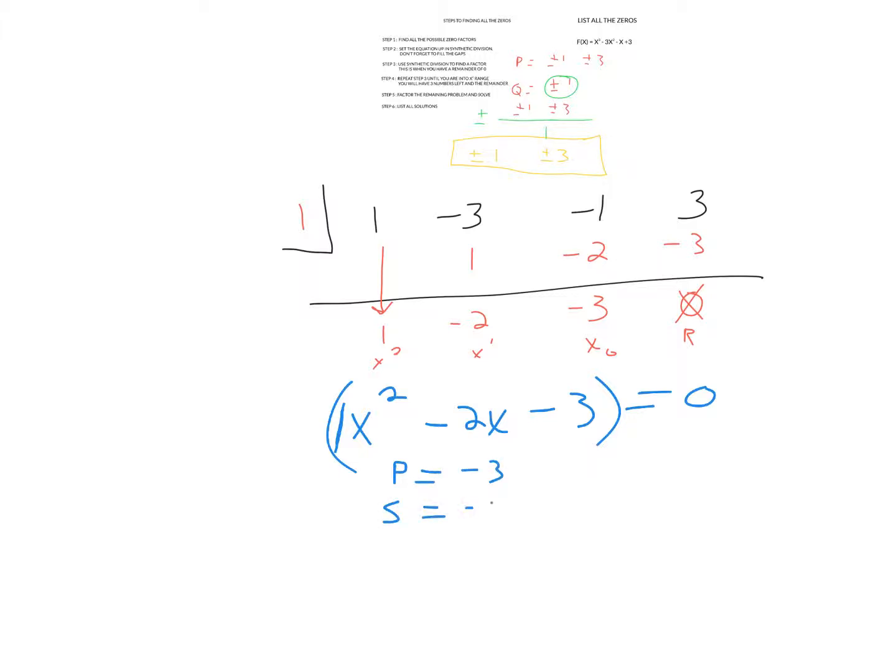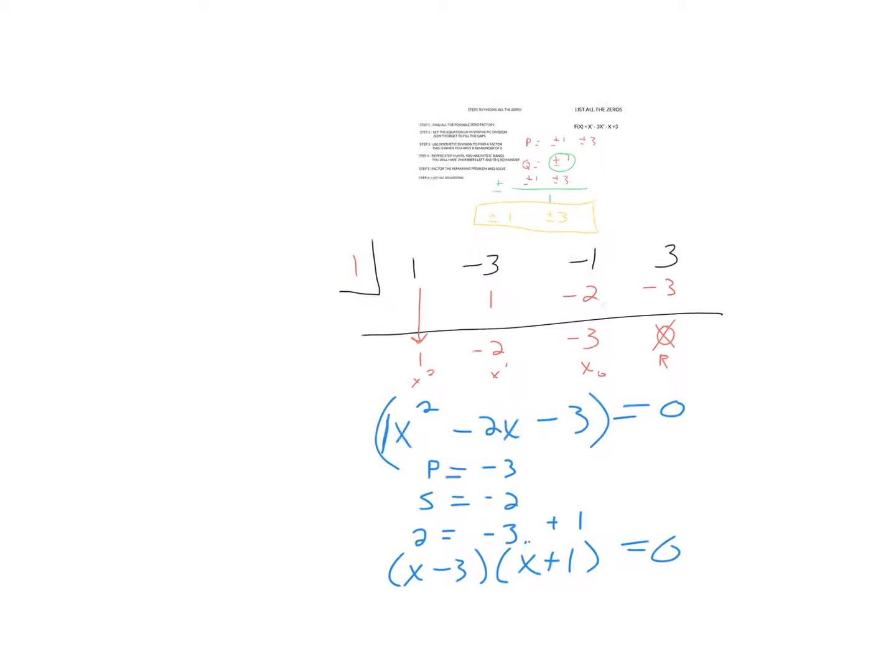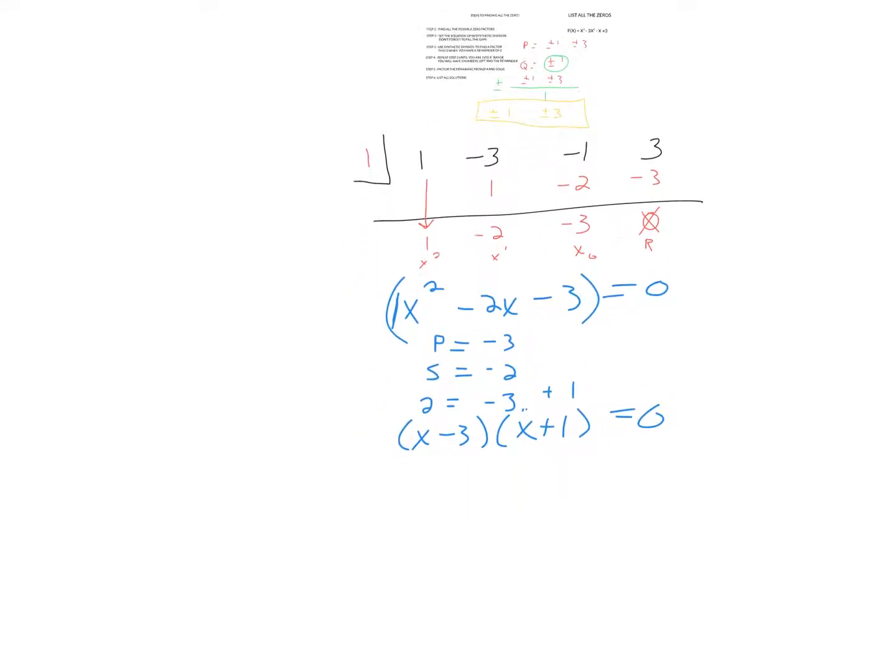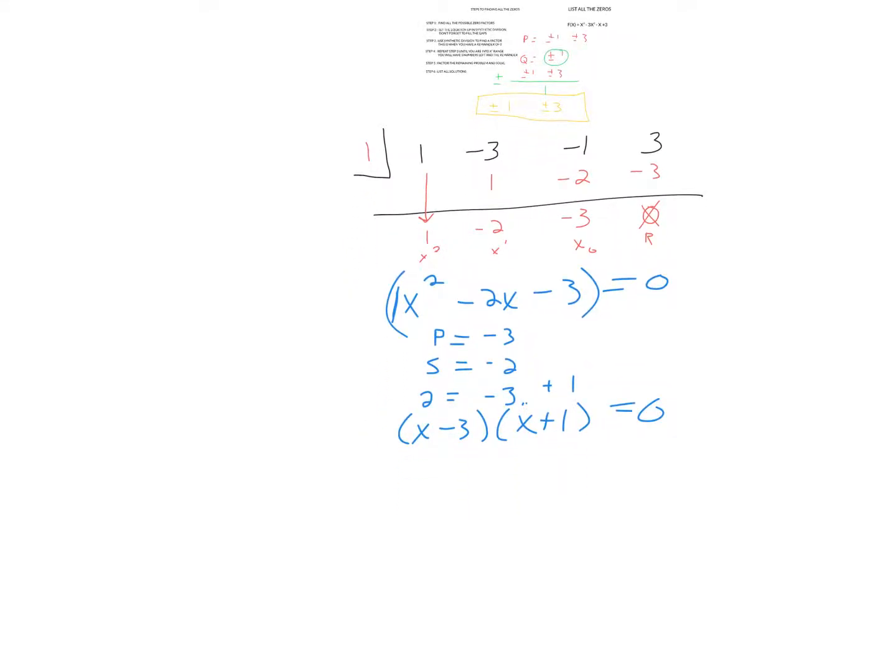Sum is negative 2. So the two numbers that do this are going to be negative 3 and positive 1. So x minus 3, x plus 1 is equal to 0. And I'm going to shrink this a little bit so I can keep working. Scoot it up. Okay, so now we're going to solve this. So here x is going to equal 3.